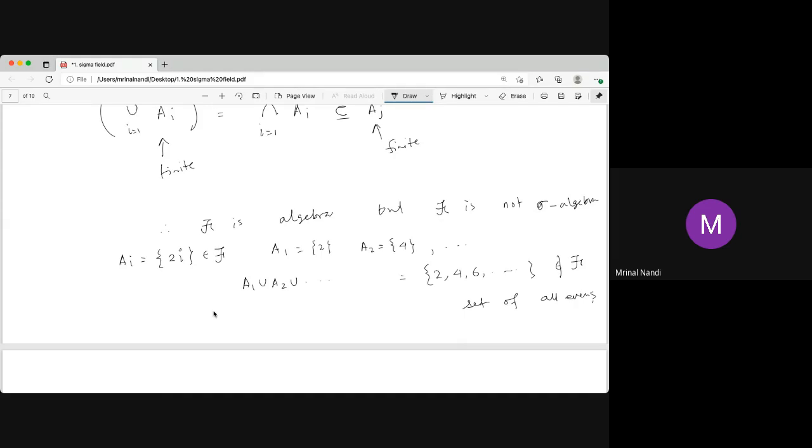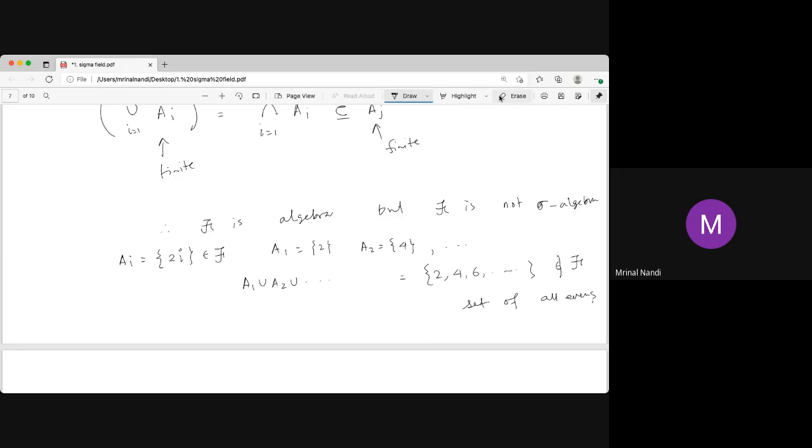So we have to choose very carefully two things: an infinite set, and an infinite collection of subsets of that set which is an algebra but not a sigma-algebra. This is the basic difference between algebra and sigma-algebra.